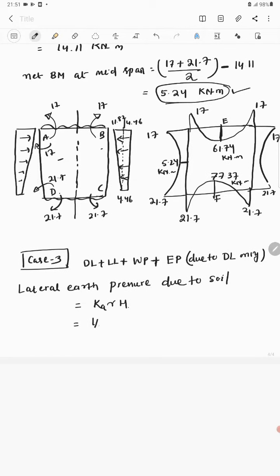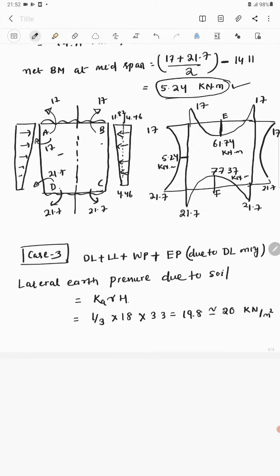So K we have already calculated, 1 by 3, coefficient of active earth pressure, 1 minus sin phi by 1 plus sin phi, into gamma of soil. Unit weight of soil is given 18 kilonewton per meter cube and height is 3.3 meter. So this is coming 19.8, or you can say 20 kilonewton per meter square. This thing we have already calculated.